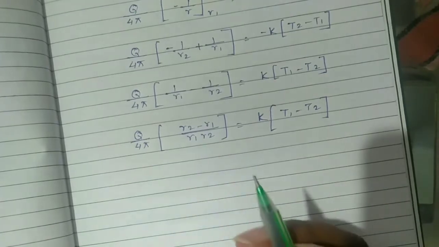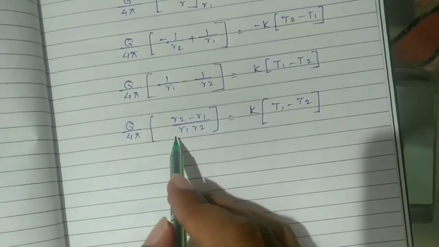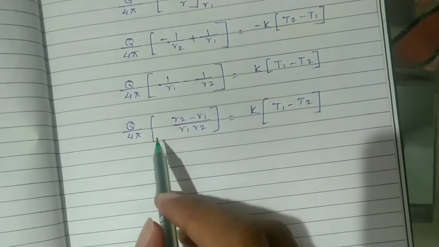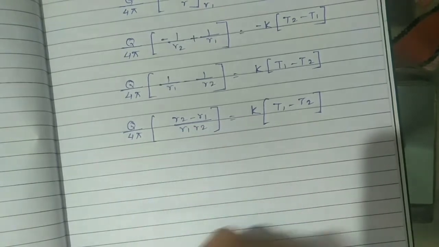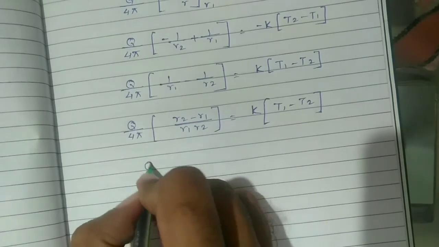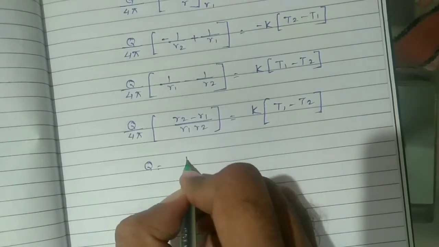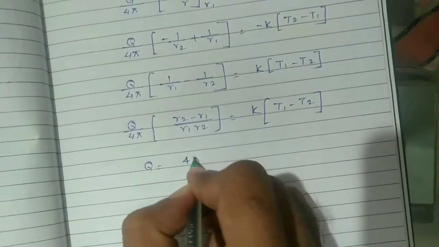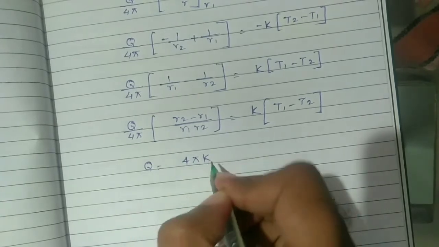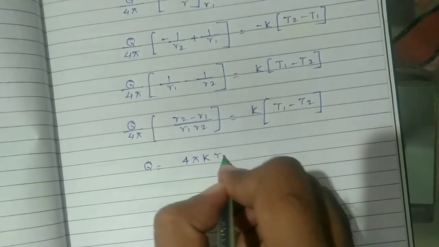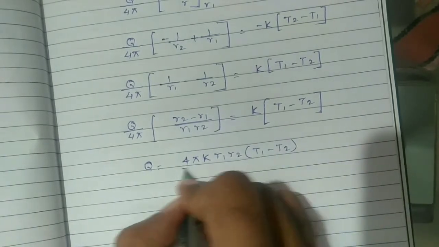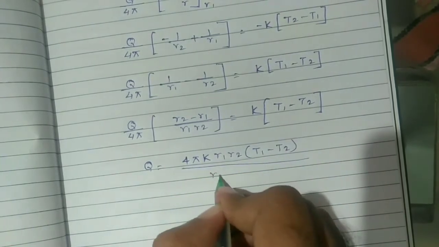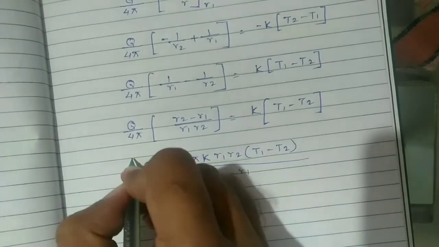Now shifting the term 4 pi and r2 minus r1 divided by r1 r2 to the right hand side, you have Q equal to 4 pi K r1 r2 into T1 minus T2 divided by r2 minus r1.